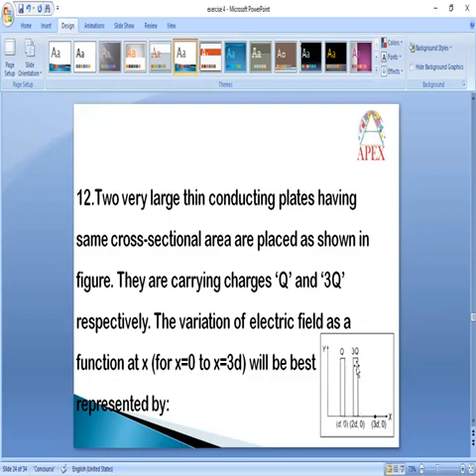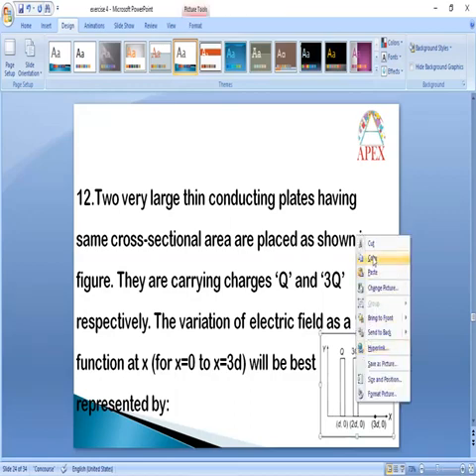Between long plates, we know that always the electric field does not depend on the distance, and the electric field is uniform over there. The same diagram we can take here.